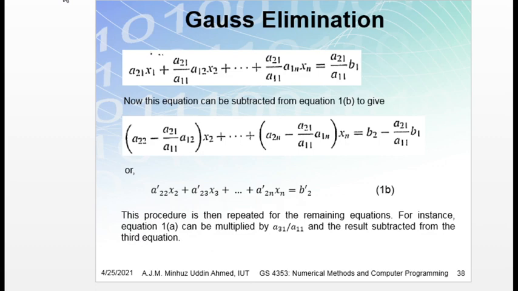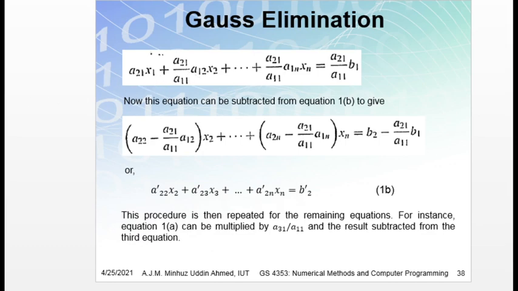See there, the second equation, that is 1b, that is a21 x1 plus a21 by a11 a12 x2, it will become like this.